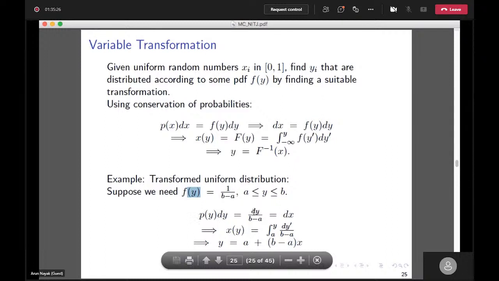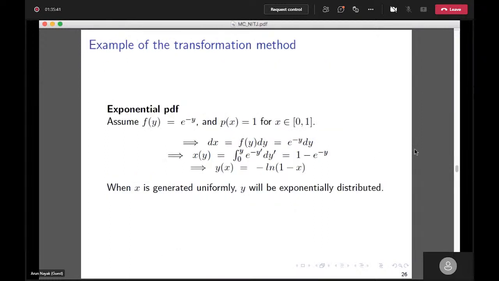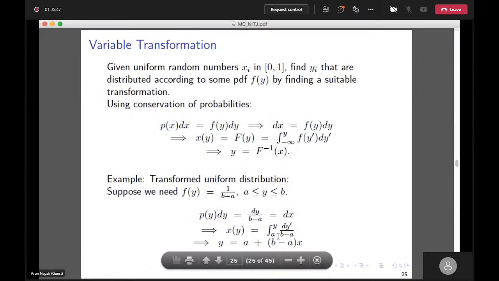P of y dy becomes dy by b minus a, which is equal to dx, and then you integrate it to get y equal to a plus b minus a times x. So if you generate x between 0 and 1, then transform x to y, the y will be uniformly distributed between a and b.